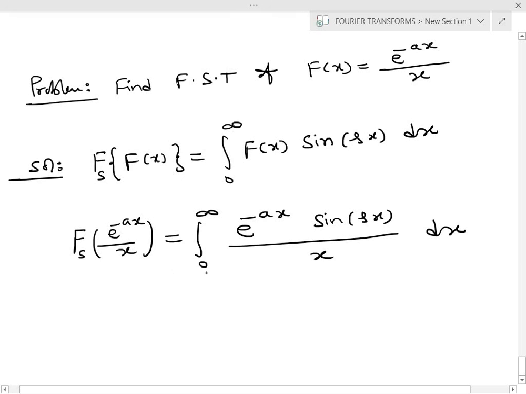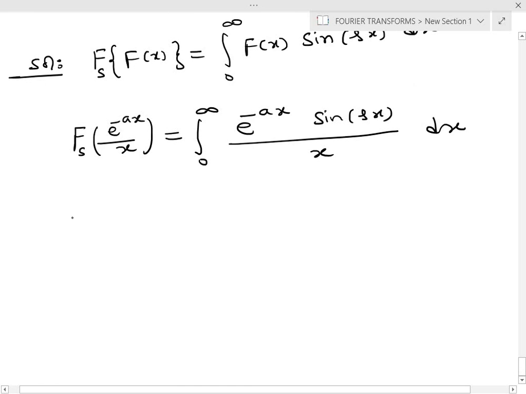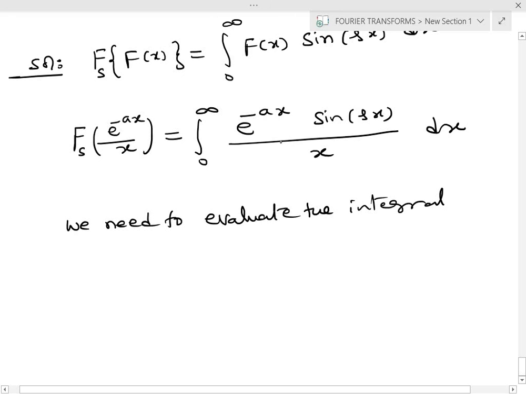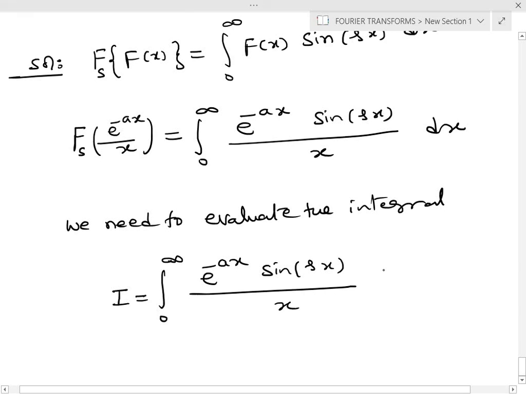So this is the integral we need to evaluate. Let this integral be I. That is, I is equal to the integral from 0 to infinity of e power minus ax sine of sx divided by x into dx.